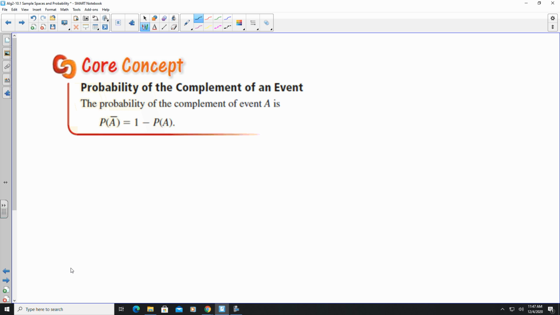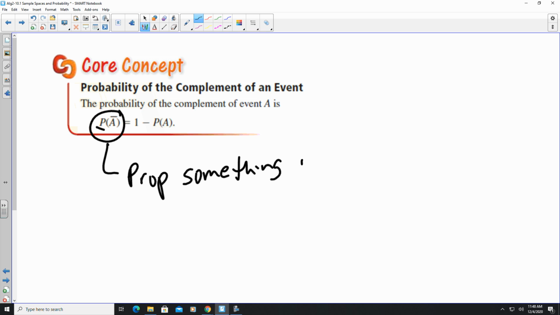This is one of the concepts where they talk about the complement of an event. Anytime you have this bar on the top here, this P means probability, and this bar means they want the probability of something not happening, or it's not possible.